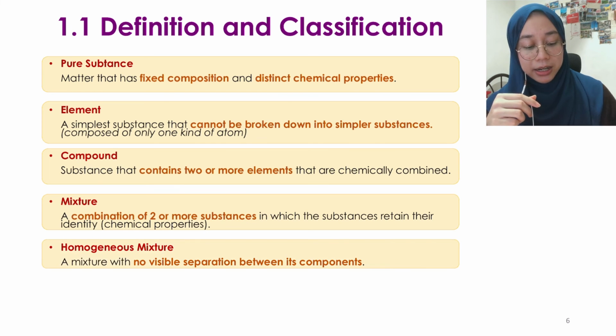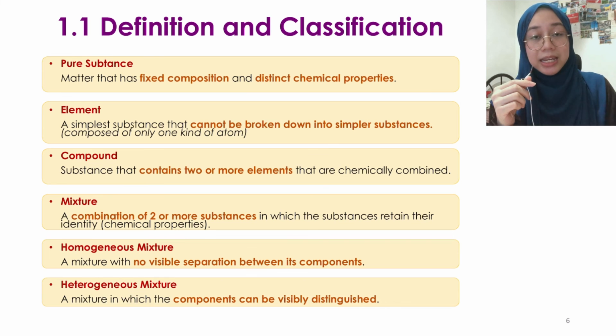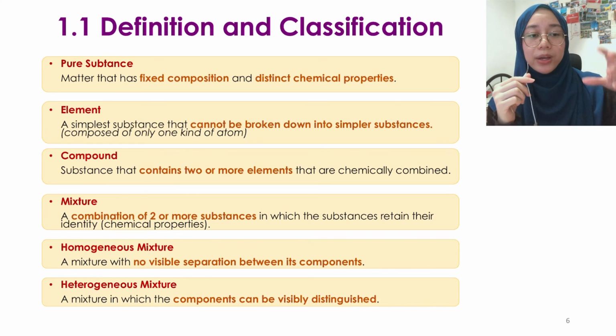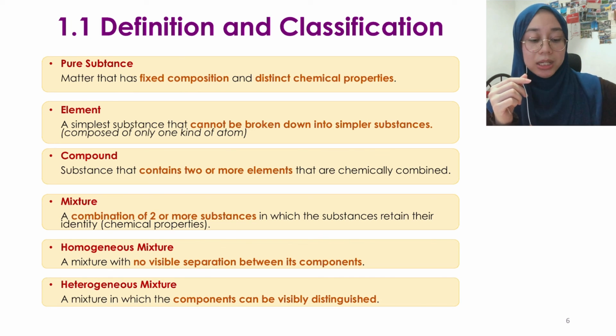Okay, and then lastly we have heterogeneous mixture, where heterogeneous mixture is a mixture in which the components can be visibly distinguished. Macam cookie dough ataupun like chocolate chip cookies. Okay, where you can differentiate between the cookie itself, the biscuit part, and also the chocolate chip. So bila ada something yang visibly distinguished kat situ, itu adalah considered sebagai heterogeneous mixture.